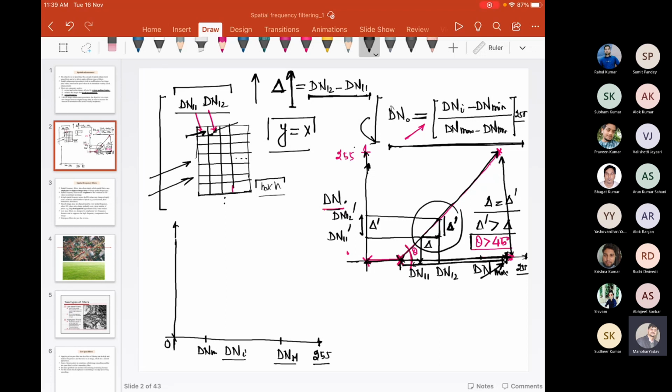Instead of writing MIN, I'm writing small m, and MAX, I'm replacing it by capital M. One point is this, and second, its output we have 255 again.